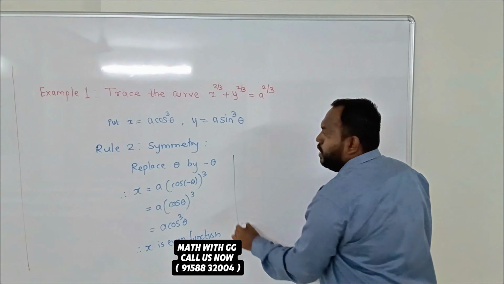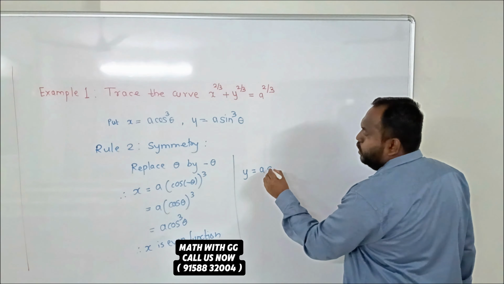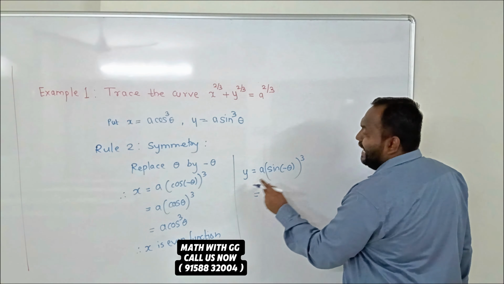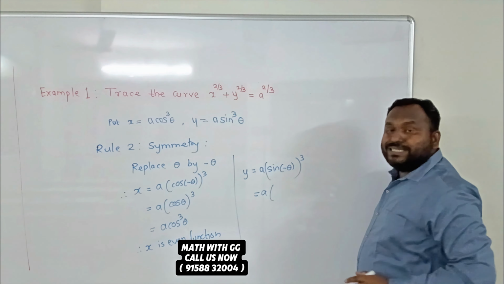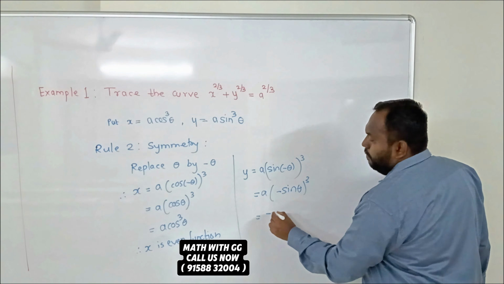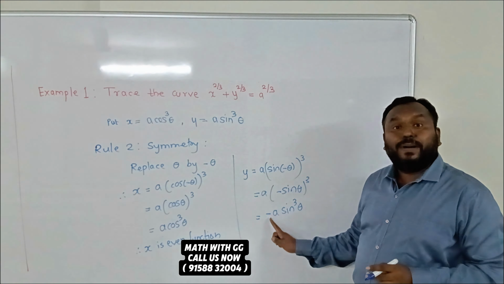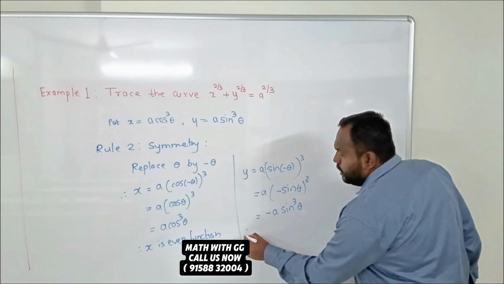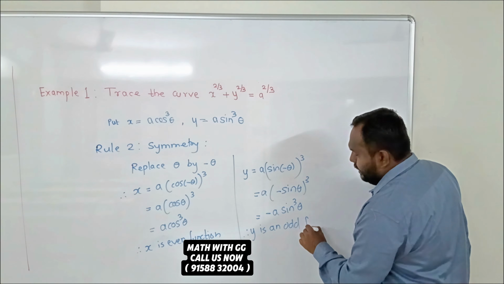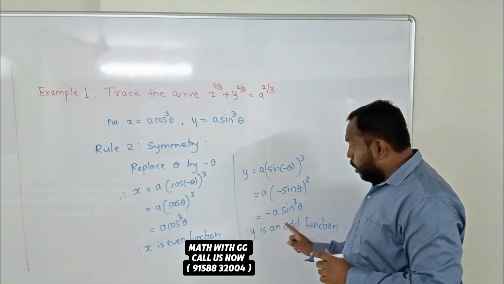Similarly, for y, y is equal to a into sine of minus theta whole cube. Sine of minus theta is minus sine theta. So minus sine theta whole cube is equal to minus a sine cube theta. So y changes by sign, therefore y is an odd function. Therefore, x is an even function, y is an odd function.